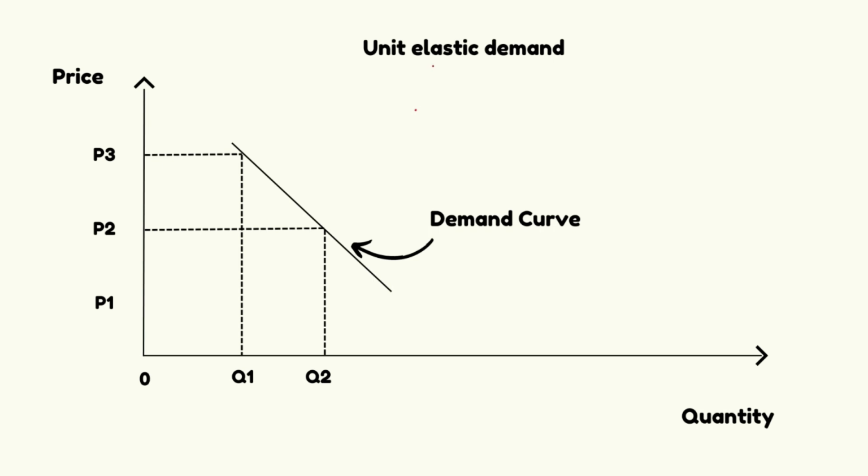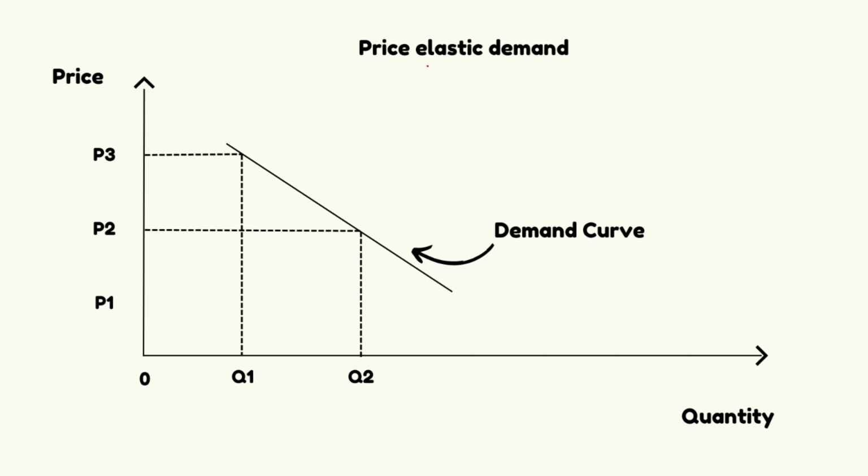This is the demand curve for unit elastic demand, where the percentage change in price equals the percentage change in demand. So the price elasticity of demand will equal -1. This is the demand curve for price elastic demand, where the percentage change of price is lower than the percentage change in demand.